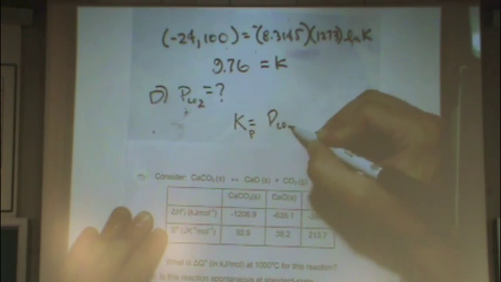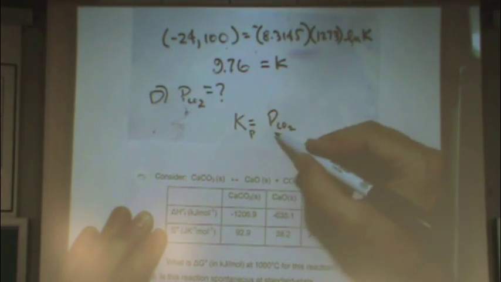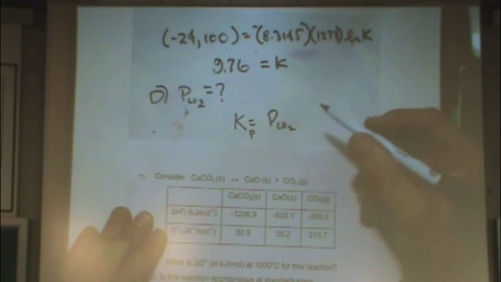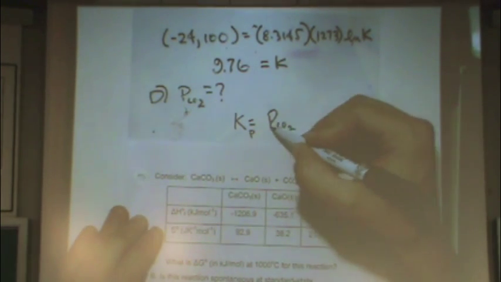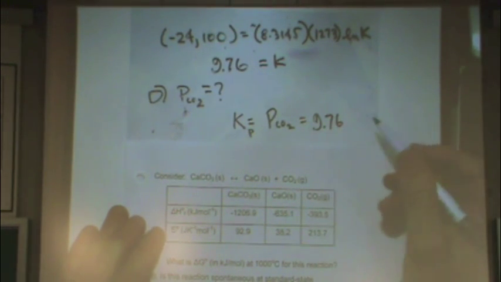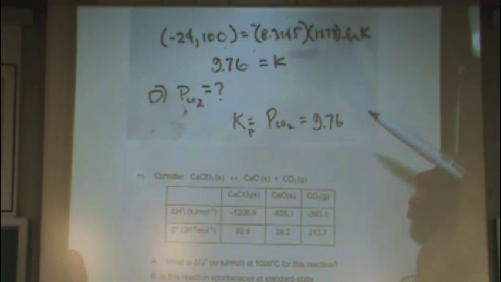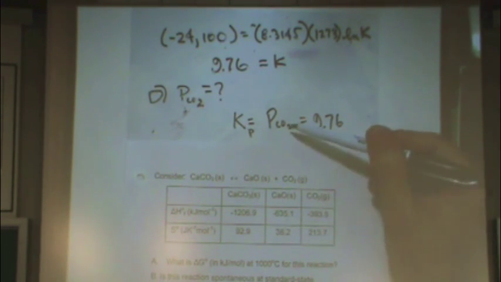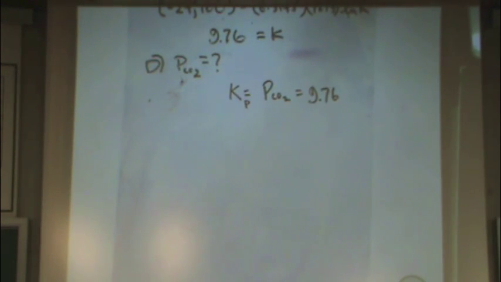Partial pressure of CO2. Why don't I add CaO? It's a solid. What do I divide this by? 1 or nothing, because that's a solid. So what's the answer? 9.76. It's the same, because that's the equilibrium expression. The gas is the only one you'd include.